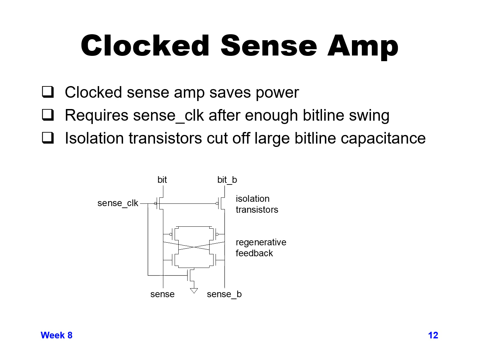When your sense clock is low, bit and bit bar are effectively connected through the PMOS devices that are called isolation transistors in the schematic shown here. Those PMOS devices, when sense clock is low, will be on.